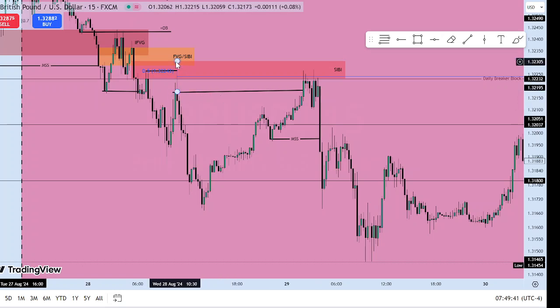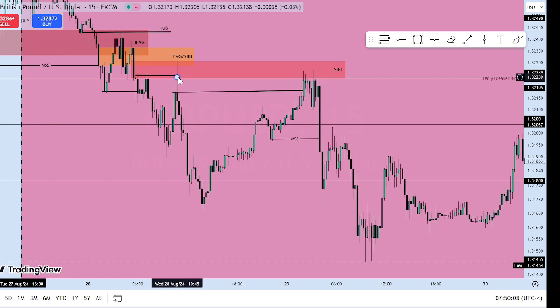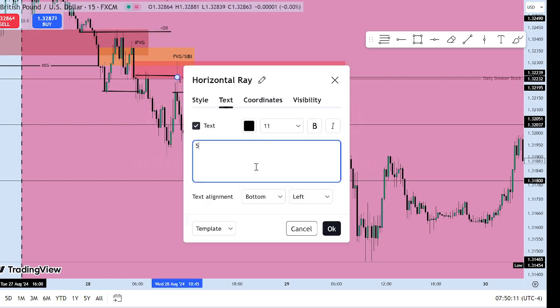So you measure from the high of the wick to where the body opens. The 50% of it, that's the blue line you are seeing, that's the 50% of the wick. It also stands as a major resistance or support level. So here now is the 50% of the wick.